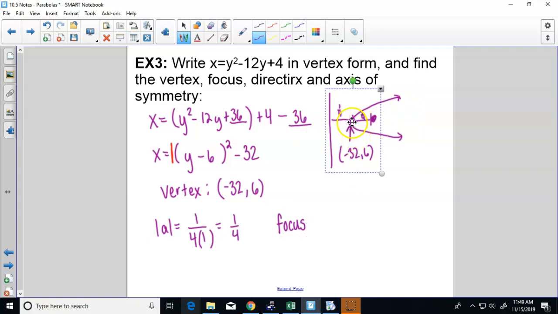Sadie, if our vertex is at negative 32, 6, what are the coordinates of our focus going to be? Right here's our coordinates, negative 32, 6. And we've got to go over to the right 1/4. If we move to the right, is that going to change the x coordinate or the y coordinate of that vertex?